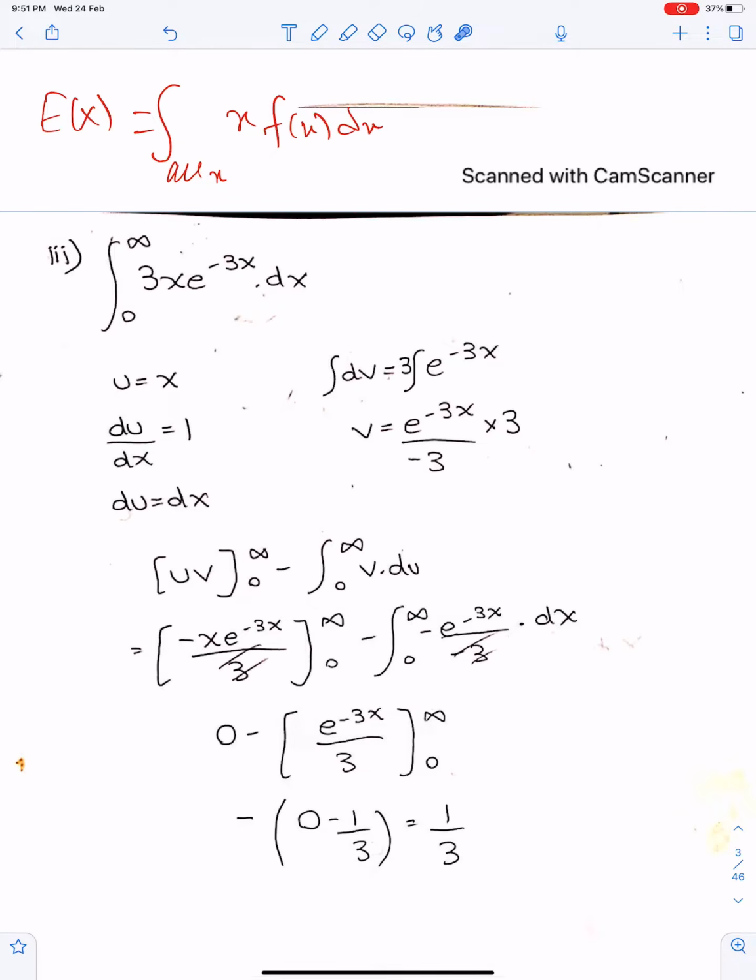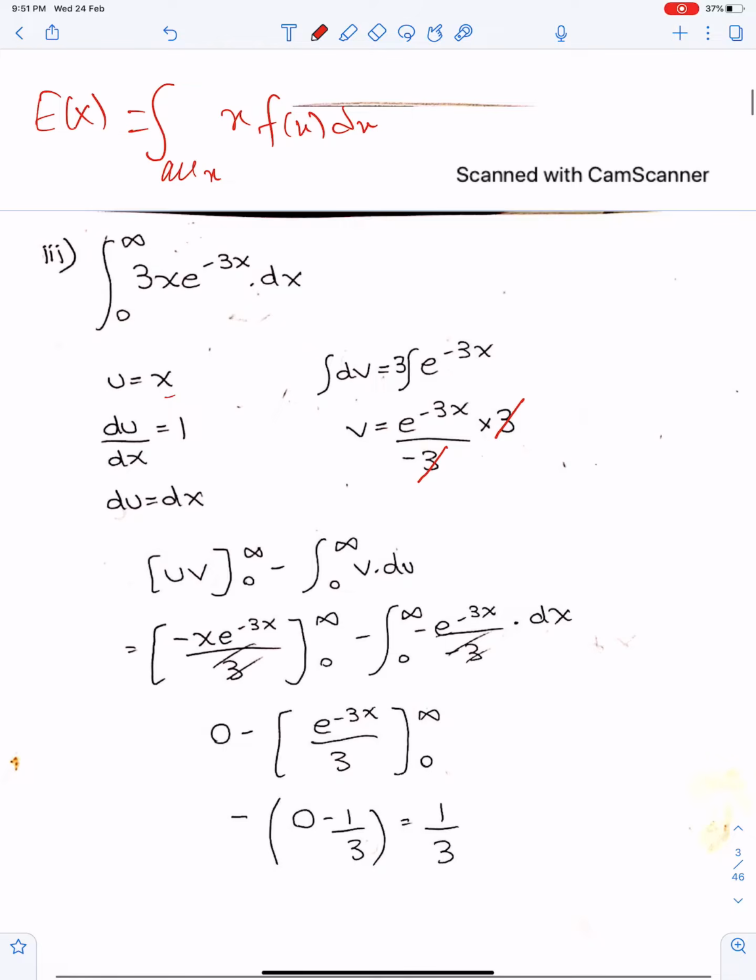Now you just need to use the by parts formula. This is the integration by parts formula. So you just need to substitute everything into this formula. You need to cancel these 3 with this 3. And so you have minus x, this is u, it's x, and the simplified form of v is minus e minus 3x.